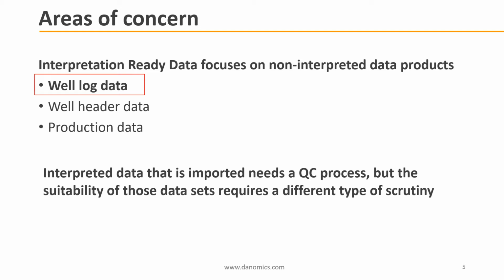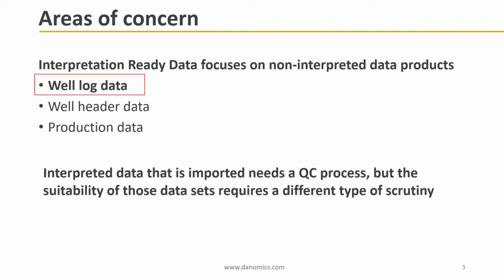Typically, well header data has already been largely QC'd by vendors, and it's often quite obvious when this data is corrupted or not ready to be interpreted. You either have points that are far outside your area of interest, or you have well bores that are obviously not possible.